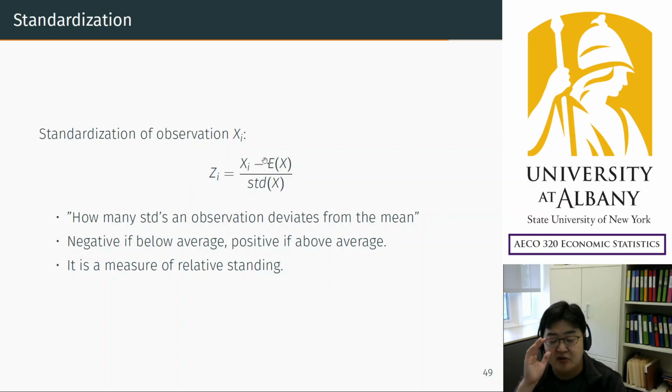In an earlier chapter, we learned another measure of relative standing. That was percentile. When I tell you you are 90 percentile, that means you are top 10%. It tells you how good you are, say, on a test. But the same thing can be done by calculating the standardized test score, the z-score.